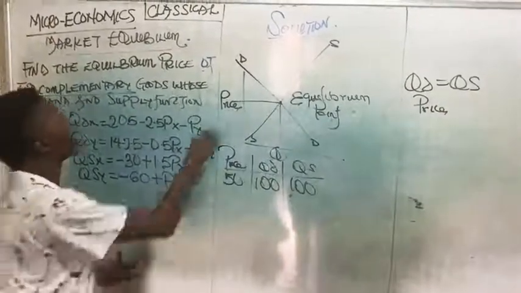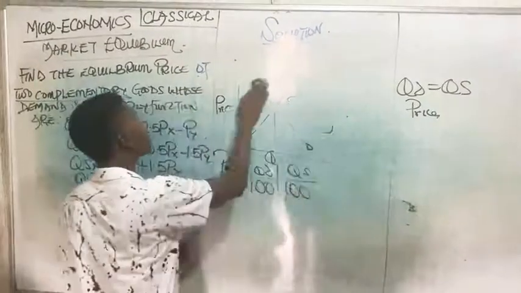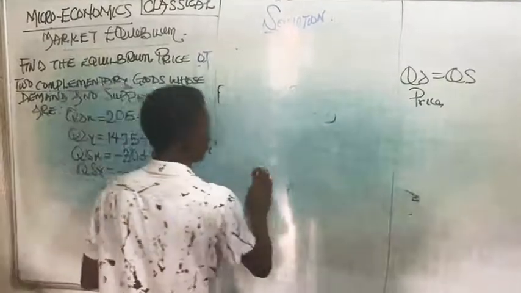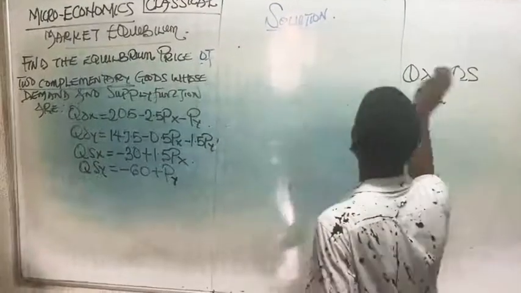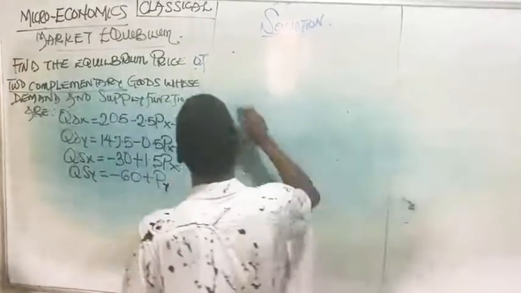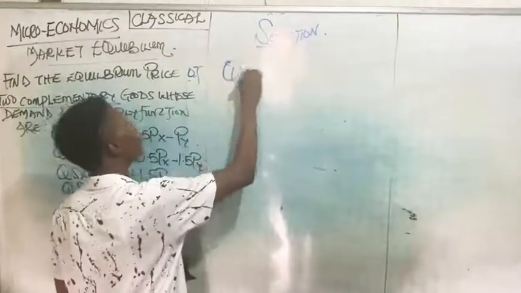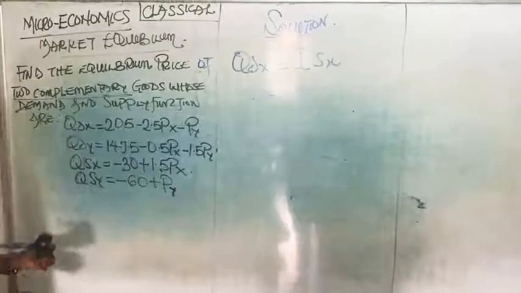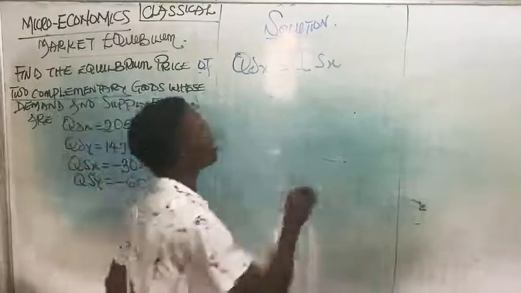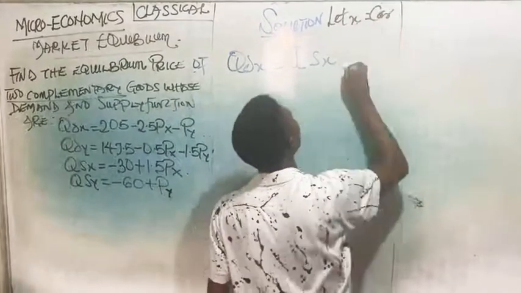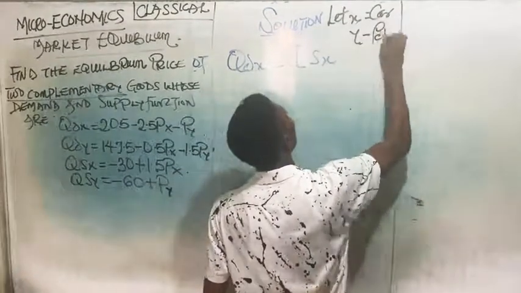So let's take the calculation. From the analysis, I am having my QDX, which must equal QSX. But before the calculation, I can set that let X be car and let Y be petrol.